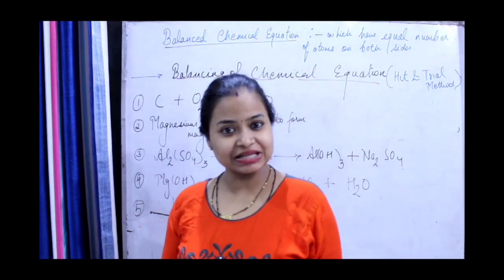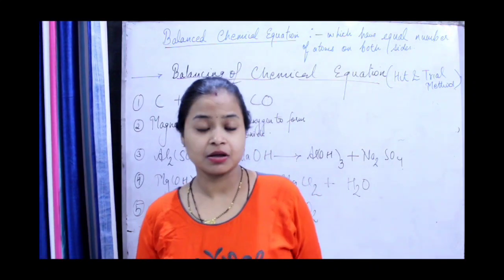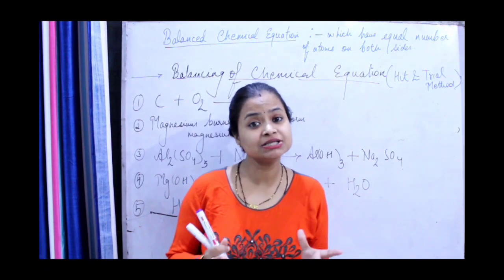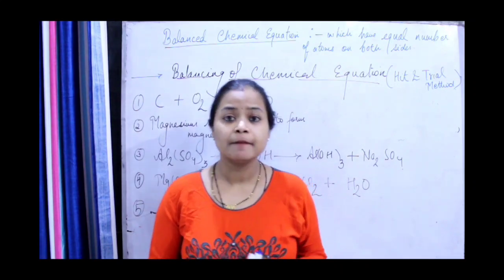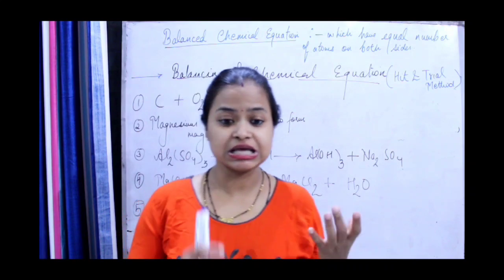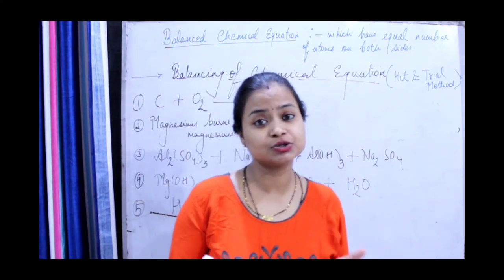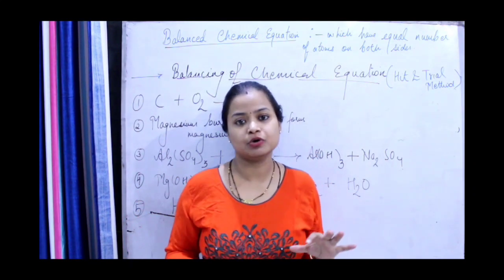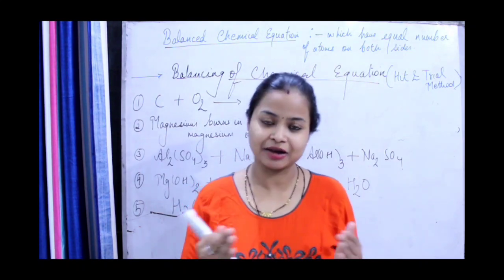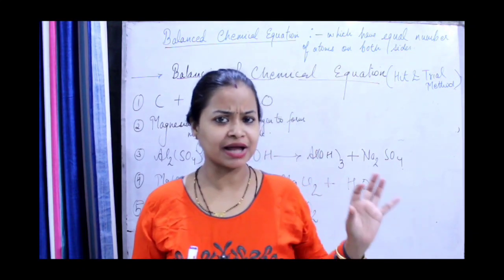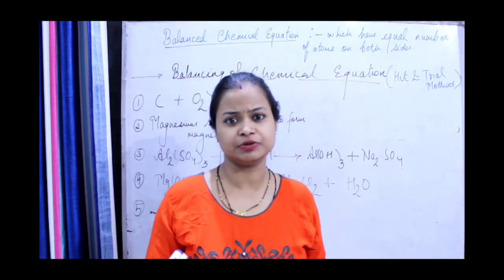Now let's see balancing of chemical equations. But before that, what is a balanced chemical equation and why do we need it? A balanced chemical equation is one which consists of an equal number of atoms on both the sides, that is reactant and product side. Now we know on reactant and product side the same atoms will be there.